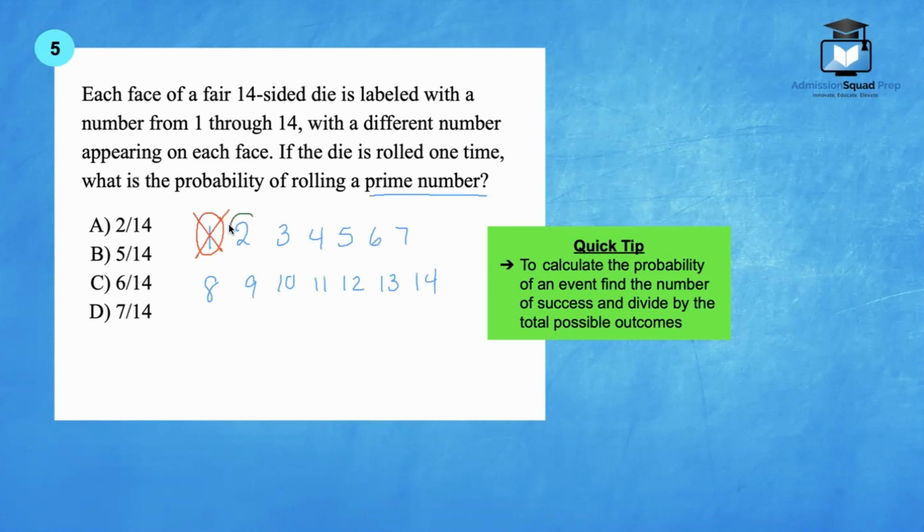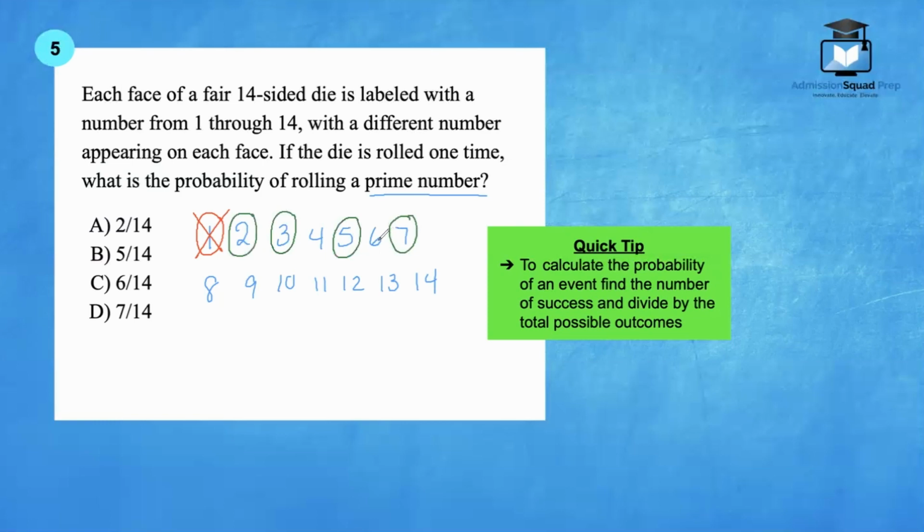But for sure, we know that 2 is the first prime number. 3 is definitely prime, right? 5 is prime. 7 is also prime, right? We're looking for all the numbers that have only 2 factors, 1 and itself. So 2 is 1 times 2, 3 is 1 times 3, 5 is 1 times 5, 7 is 1 times 7, right? Let's kind of talk about why 6 is not prime, right?